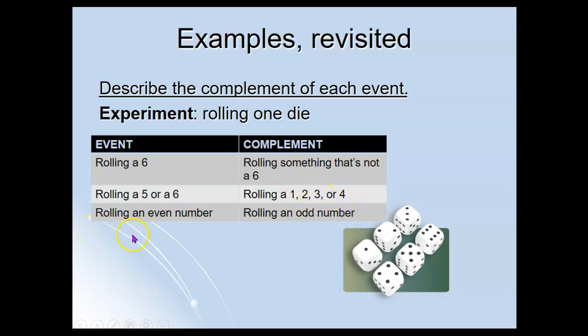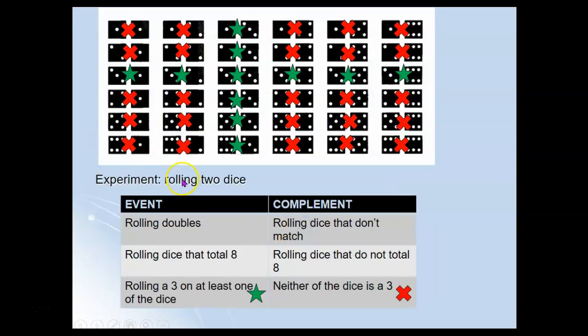The complement of rolling an even number would be rolling a number that's not an even number, which means it's an odd number. If your experiment is rolling 2 dice, the complement of rolling doubles would be not rolling doubles, rolling dice that don't match. The complement of rolling dice that total 8 would be rolling dice that don't total 8, that add up to something other than 8.